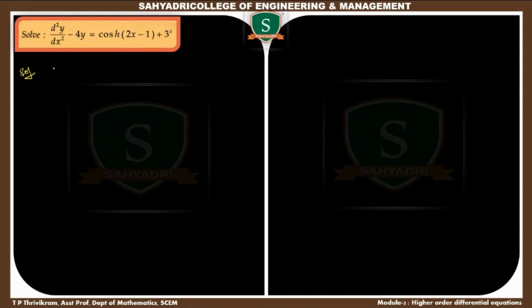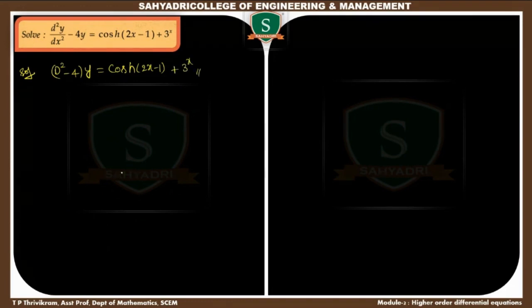So next, here d square minus 4 into y is equal to cos h of 2x minus 1 plus 3 power x.